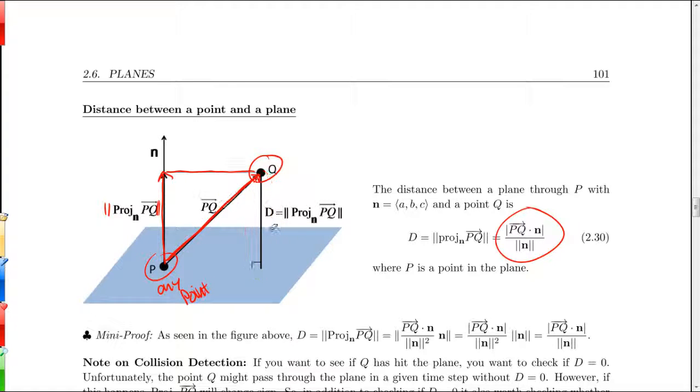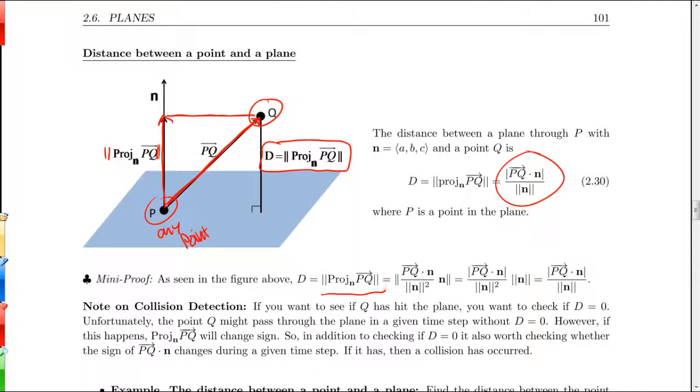So this formula here for that distance makes sense geometrically when we look at it. But when you go through some simplification down here, specifically if you put in the formula for the projection of PQ onto n, it's PQ dot n over the size of n squared times n. And we're taking the magnitude of that vector. So this is just a scalar.